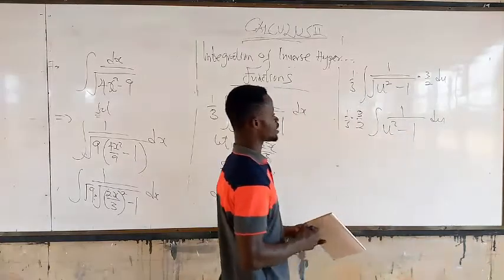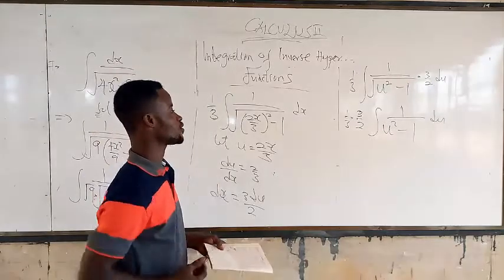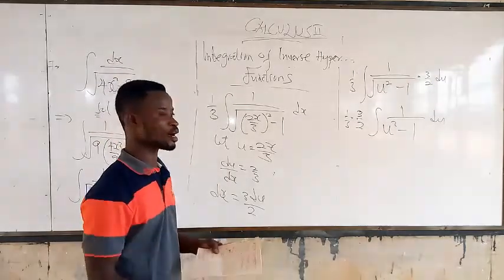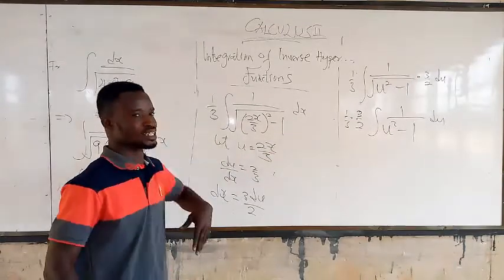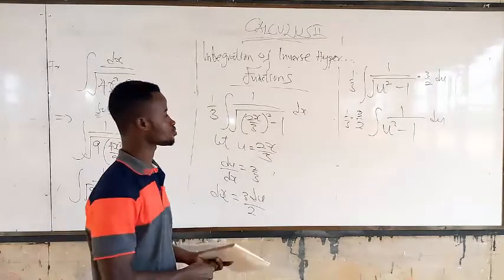In fact, we are transforming it to look like what is already in the formula I gave you. Don't worry about here we are having u and then we are having x. It doesn't matter, okay? Just know that it's a function.